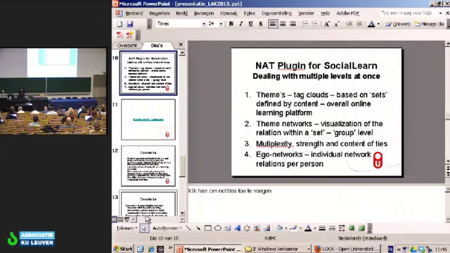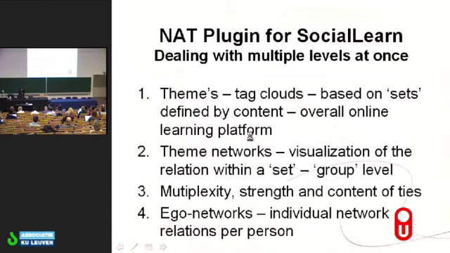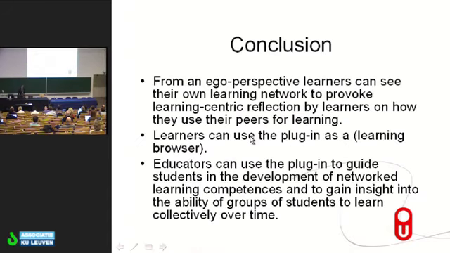Okay, to conclude. Well, we did already reflect with the teachers on the network awareness tool, but this is a short paper, so we didn't have the time yet to really reflect with the learners how they approach this kind of visualization.